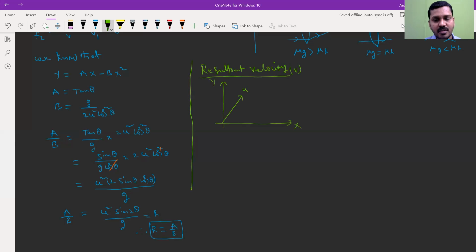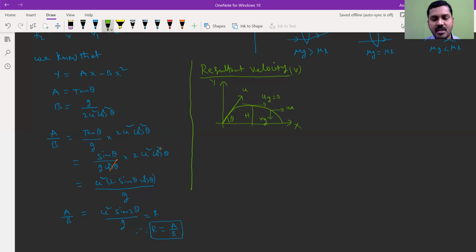The body is projected with velocity u along this trajectory. This initial velocity makes an angle theta with the horizontal, and this is the height of the projectile body. At maximum height, the velocity along the y direction is 0.